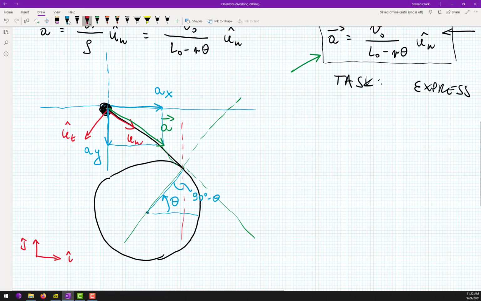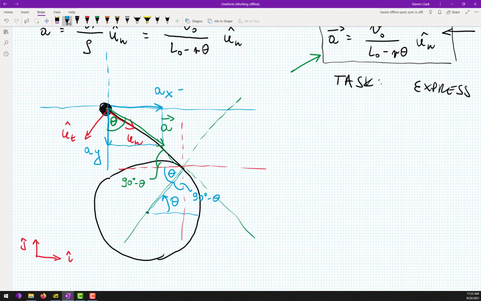Okay, what else do I know? Aha, I know that if this is 90 minus theta, this must be theta. This is theta. What's more, if this is theta, this is 90 minus theta. Okay, so theta must be here. Yeah, I brought theta to our drawing.